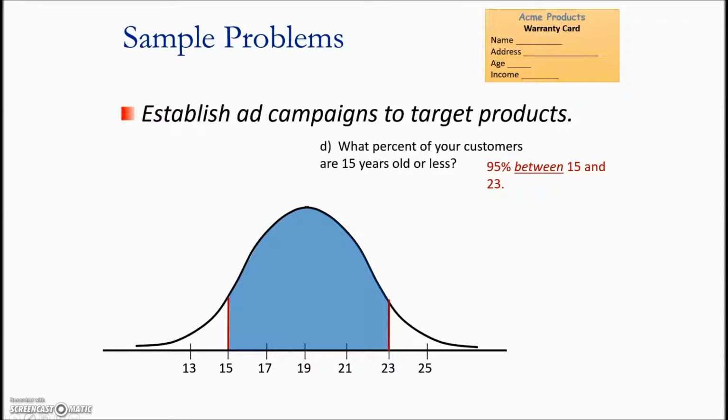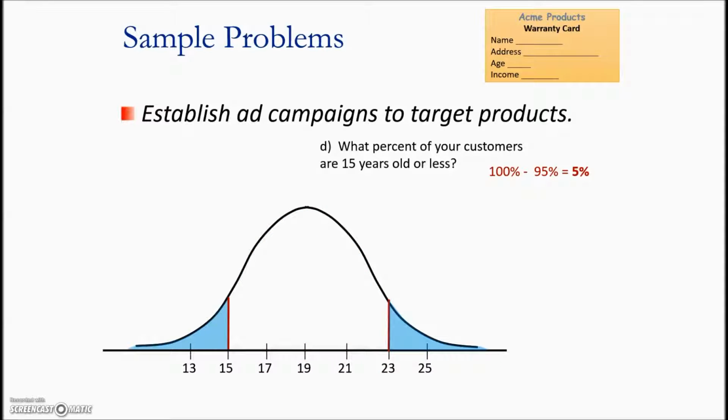So if we know where 95% is, and the whole graph is 100%, the difference between those two percentages, in other words 100% minus 95%, leaves us with 5%. And those are here to the left of our 2 standard deviations below and to the right of 2 standard deviations above.